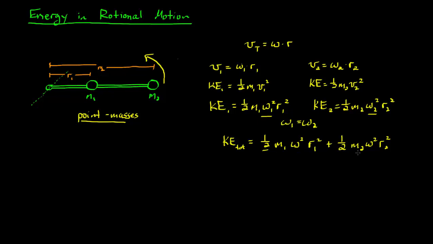Okay, so we have some common stuff. We have 1/2 in common, and we have that omega squared in common. So let's rewrite. We're just going to rearrange. Total is going to be 1/2 times m1 r1 squared plus m2 r2 squared, and then we would pull out the omega squared to the other side.